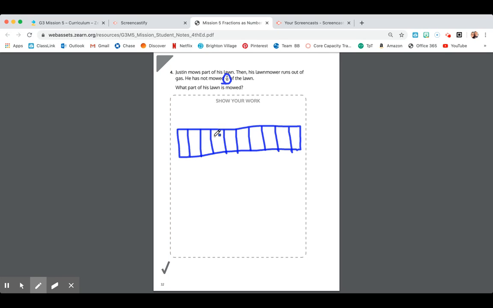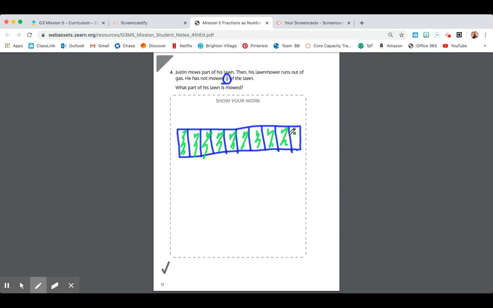I estimated, so they're not all super equal, but at least I can tell partially what I needed. And it says he has not mowed 9/10. So there's 1, 2, 3, 4, 5, 6, 7, 8, 9/10 of that green grass that has not been mowed. Needs a good trim.